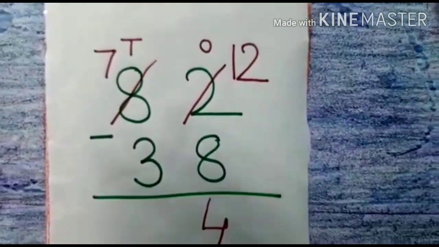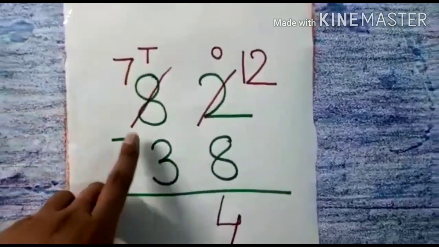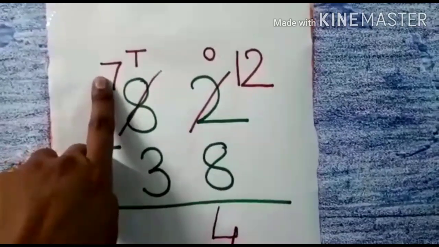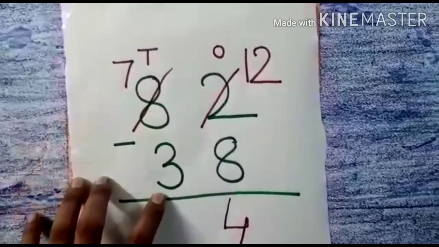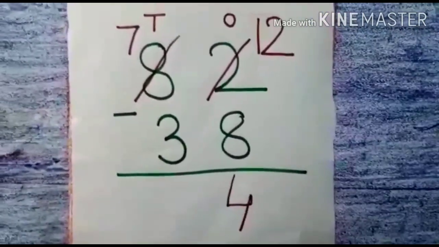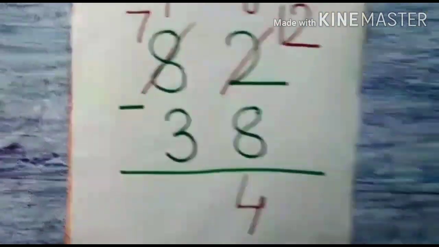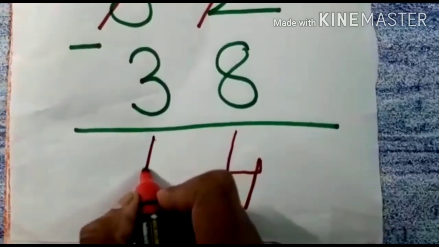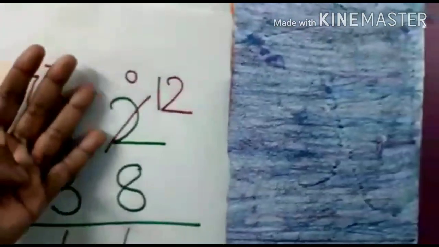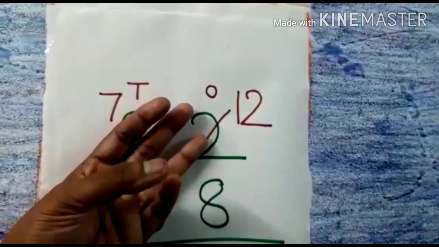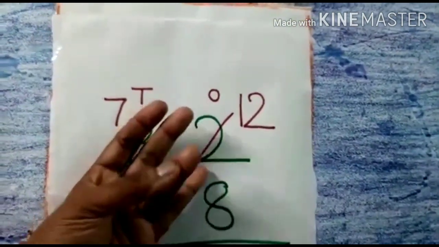And then I will come to the tens place. Tens place I am having 7 tens and here 3 tens. From 7, if I take away 3, how much remains? Yes, 4. This also you can show in your fingers. 7, where is 7? 1, 2, 3, 4, 5, 6, 7. This is 7.